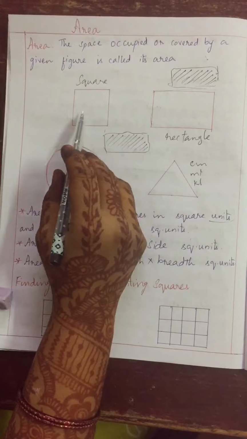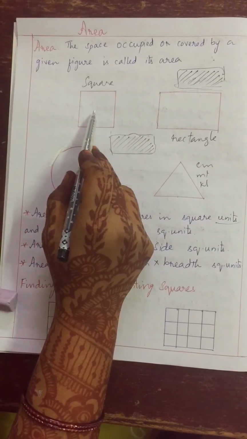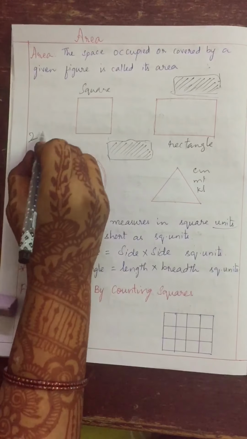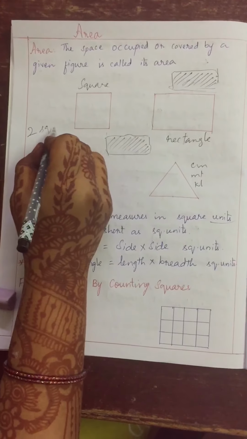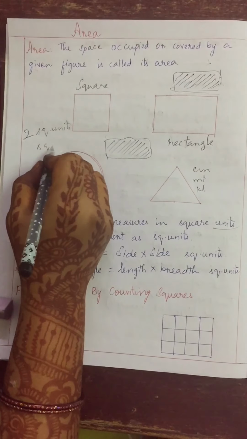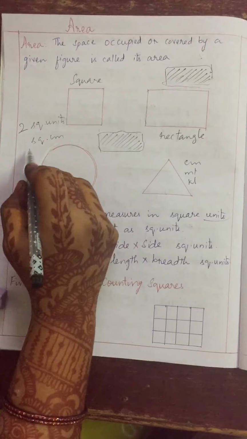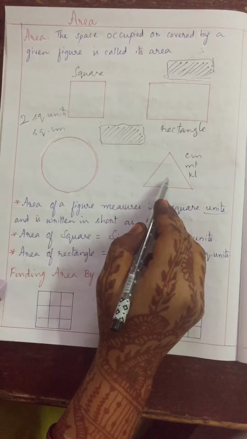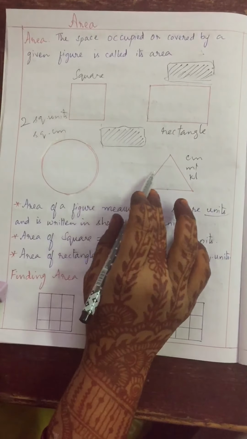Suppose we are going to find the area of this square figure. Whatever area we get, suppose the area of this square is 2, so we say 2 square units. If units are centimeter, we write square centimeter. If units are meter, we write square meter. Similarly, rectangle, circle and triangle areas we also find in the same way.